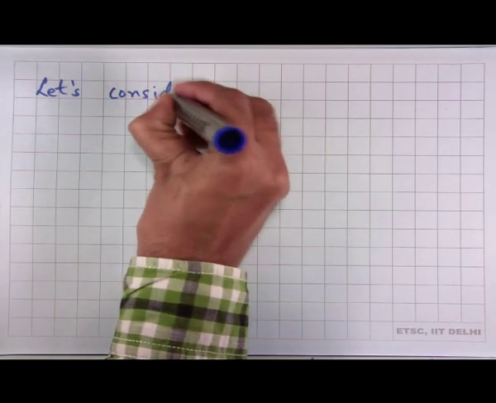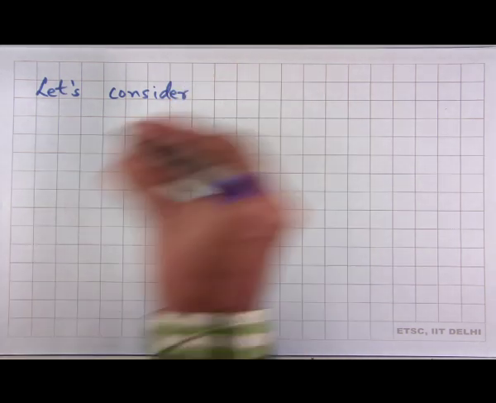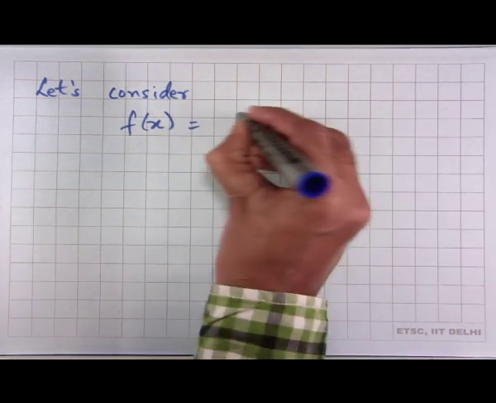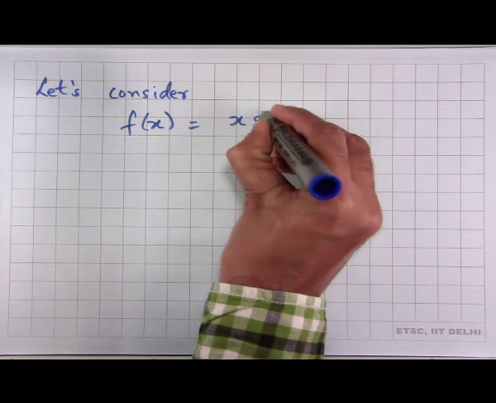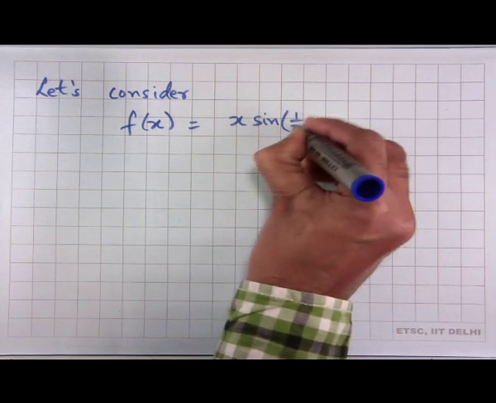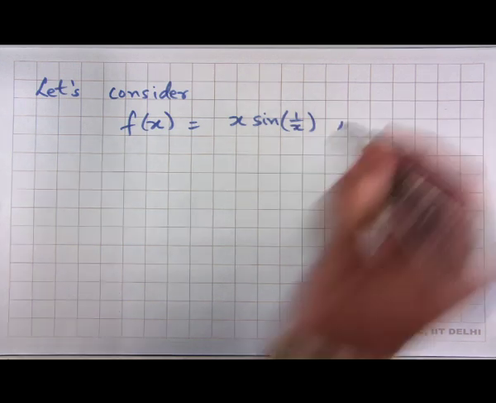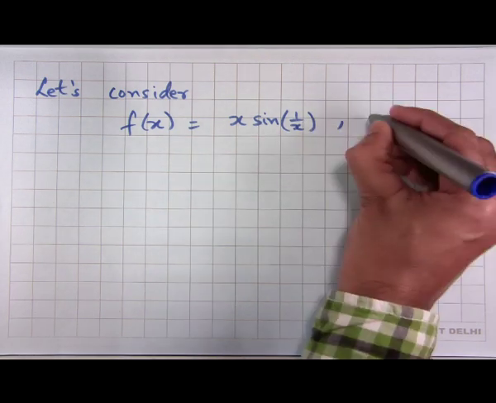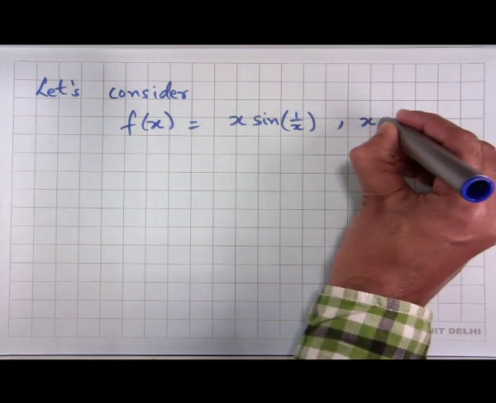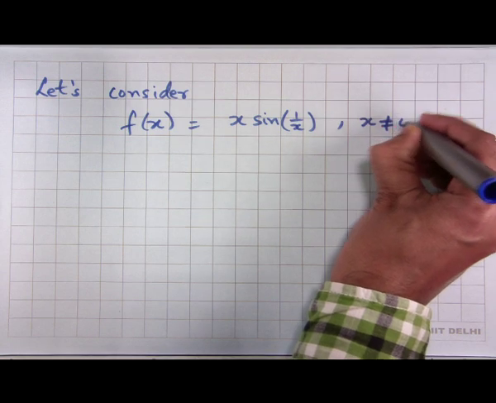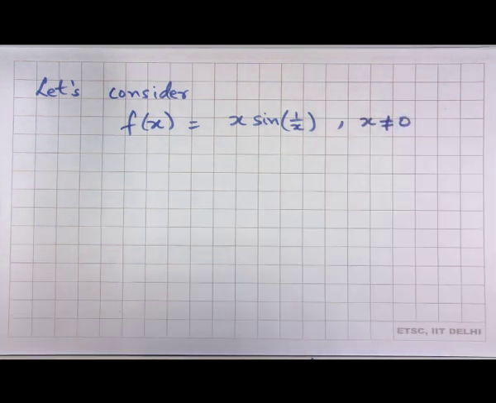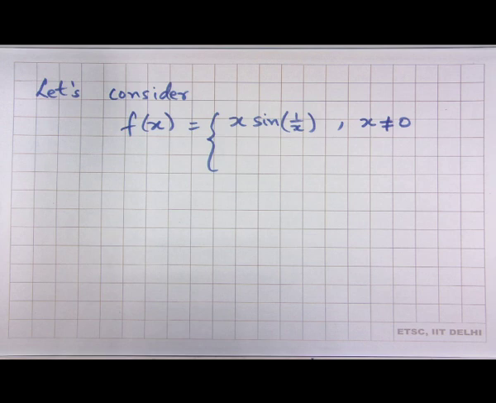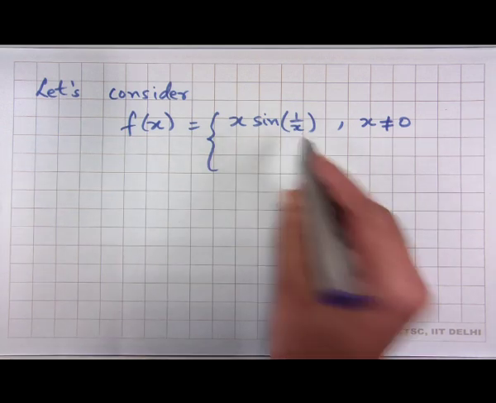Now, let us consider this example: f of x which is equal to x times sine of 1 by x. Because I am writing 1 by x, this does not make sense for x equal to 0. So, I define this to be the value of the function for x not equal to 0, and this is not defined for x equal to 0.